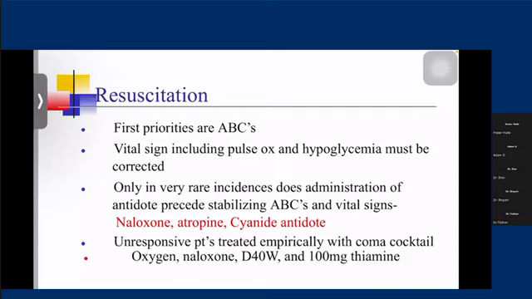Maybe one thing I need to emphasize here is the medications given to these patients, which are naloxone and thiamine. These medications can be given simultaneously while stabilizing the ABC of life.